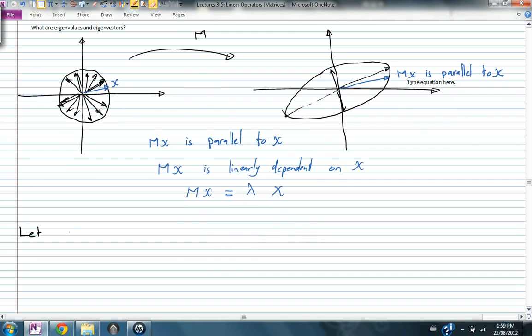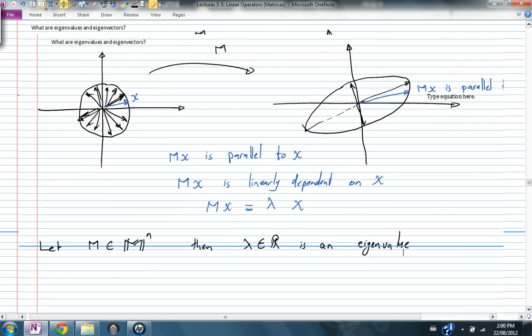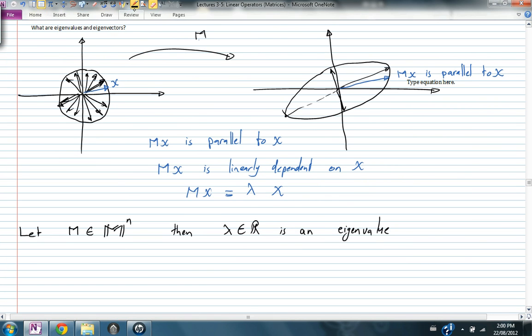I'm going to define it for a general n by n square matrix M. Lambda, which is a real number, is an eigenvalue, and we pay very close attention to the definition, if there is a vector x in the n-dimensional vector space where x is not equal to 0, otherwise the definition wouldn't work, such that Mx, the new vector that comes after I multiply M by x, is equal to lambda x.